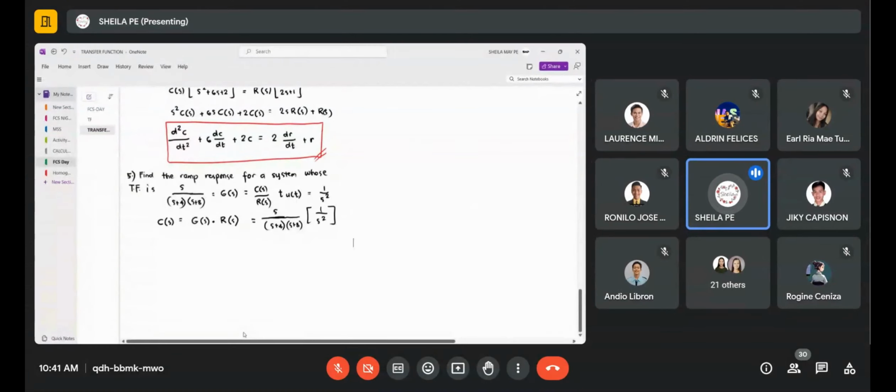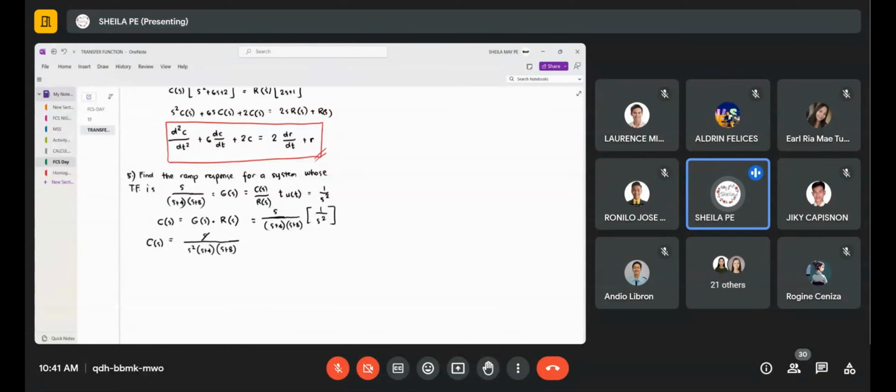So in here, some lapis. So if we have our ramp input, which is 1 over s squared in Laplace form, getting the G(s) multiplied by our R(s), definitely we can have s over s squared, s plus 4, s plus 8.